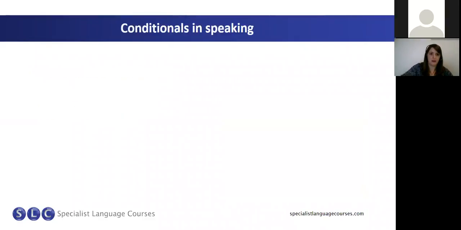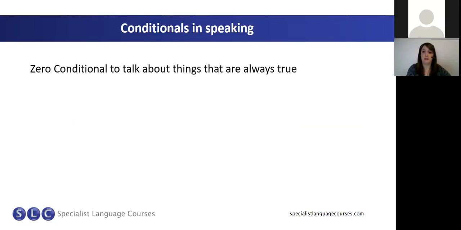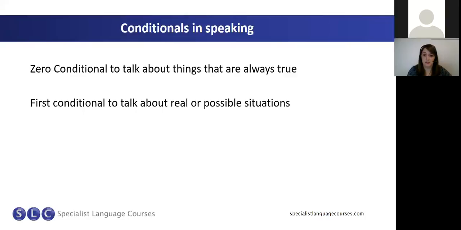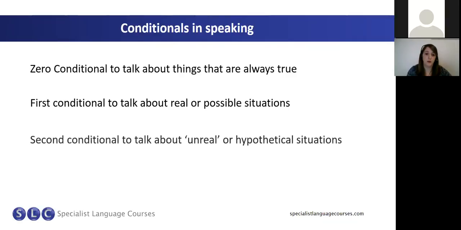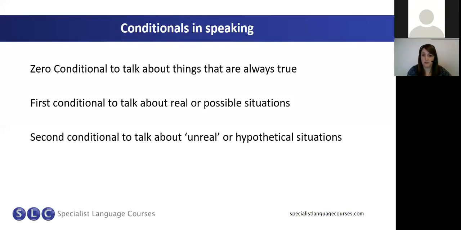So let's start with conditionals in speaking. We have the four main conditional structures. We have zero conditional to talk about things that are always true, which is often used in scientific texts. We have first conditional to talk about real or possible situations in the present and the future. We have second conditional to talk about unreal or hypothetical situations.